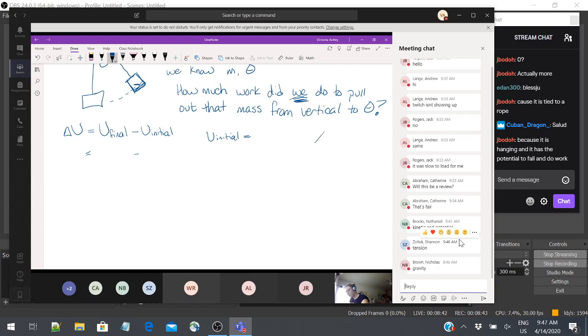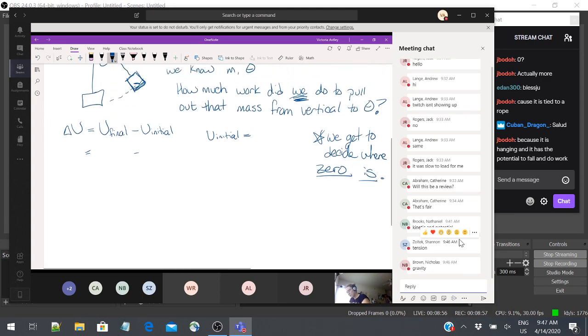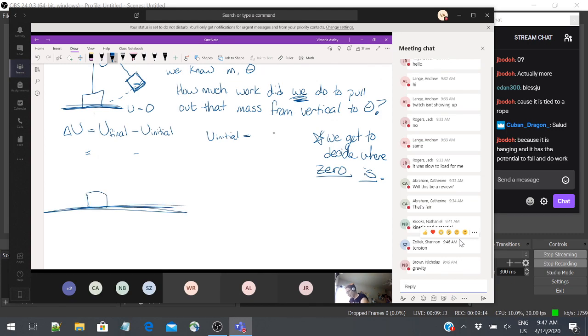So one thing to remember is that we get to decide where zero is, right? I can declare that this is my potential energy equals zero location. You're like, okay, but what if it falls down here, right? It would be losing potential energy. That's totally fine. Negative potential energy is totally allowed.